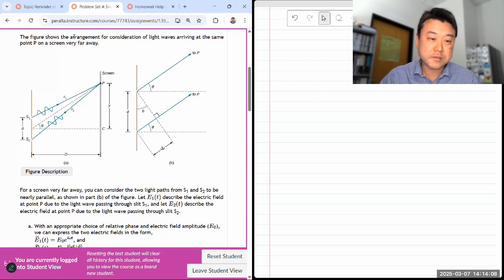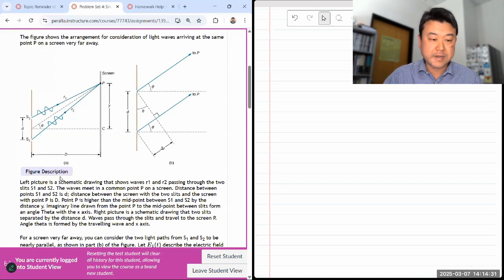The figure shows the arrangement for consideration of light waves arriving at the same point P on a screen very far away. Like this. In this diagram, it doesn't show how far away it is really. Part B is showing that we treat these rays as basically being parallel because the screen is so far away.